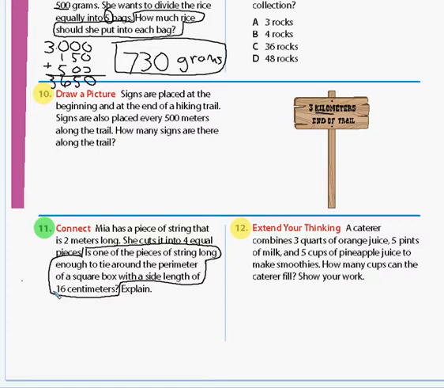So 200 centimeters, and they separate into four pieces. 4 doesn't go into 2, but 4 will go into 20 5 times. 5 times 4 is 20. You subtract, you get 0, bring down 0. 4 goes into 0, 0 times. So my string pieces are going to be 50 centimeters long.